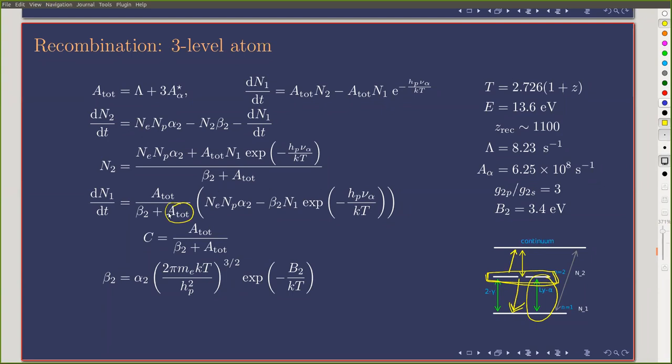If this A total was much larger than the rate of ionization from the first excited state, then you can ignore this factor, and you get 1. So basically everything that arrives at the first excited state then transitions to the ground state. So that is the inhibition factor. Does it make sense now?